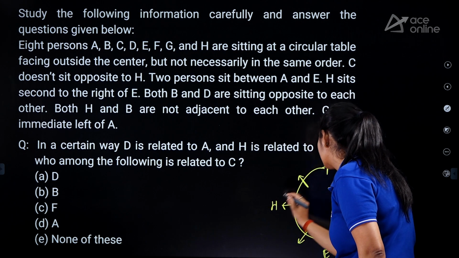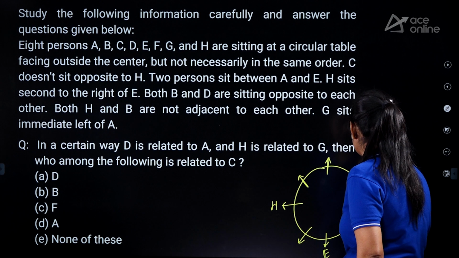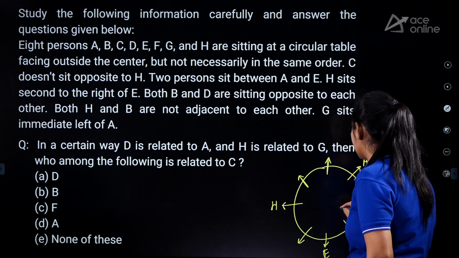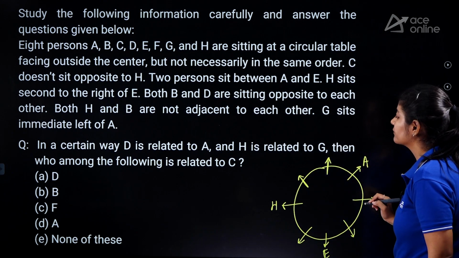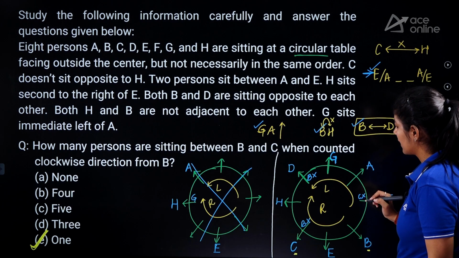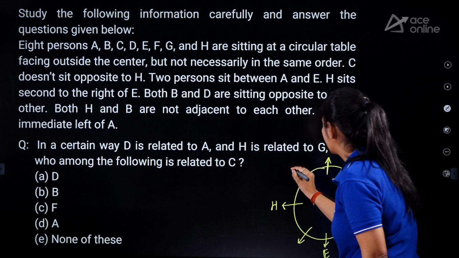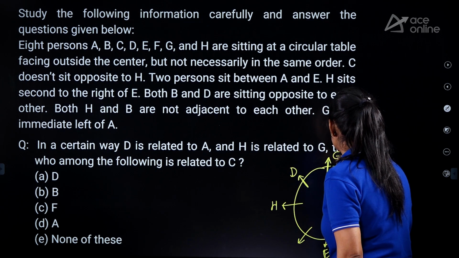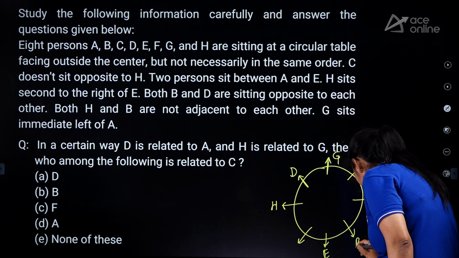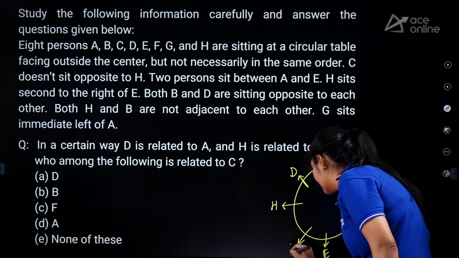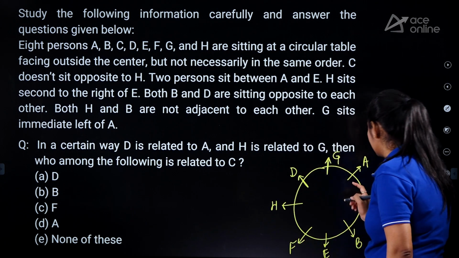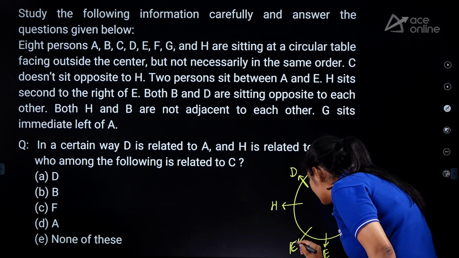Here we are having H, here we are having A, here we are having D and G. Here we are having B, here we are having F, and here we are having C, right?